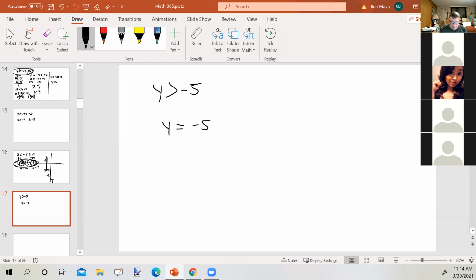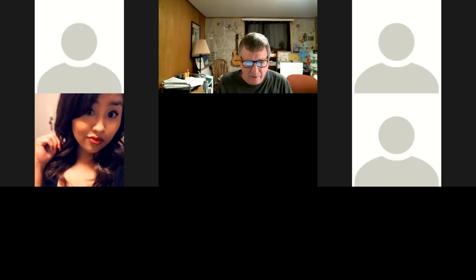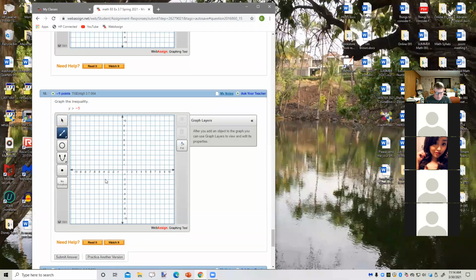So if I'm going to graph y equals -5, that means y is -5 and x can be anything it wants to be. So there's a point and there's a point. But it says y is greater than, so should that line be solid or dashed?